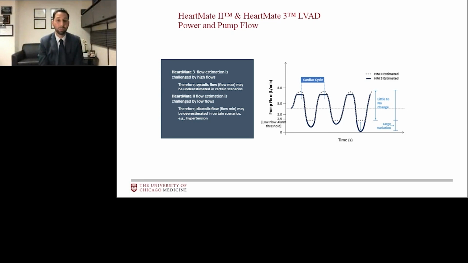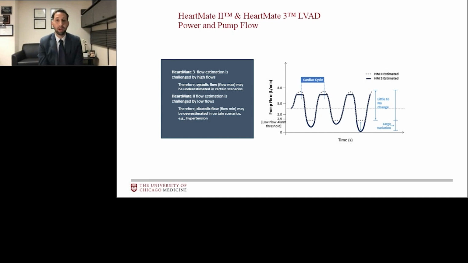But when we get to the low flow states, the HeartMate 2 is unable to estimate flows of less than 2.5 liters per minute, and you see that flat line at that level of 2.5 liters per minute. Although actual flow is in fact lower in this scenario, the HeartMate 2 does not know that. It will only tell you the flow on its parameter is 2.5 liters per minute.